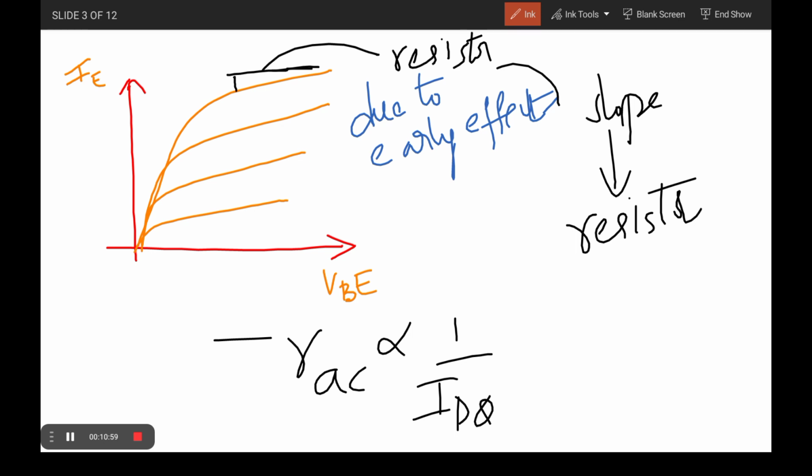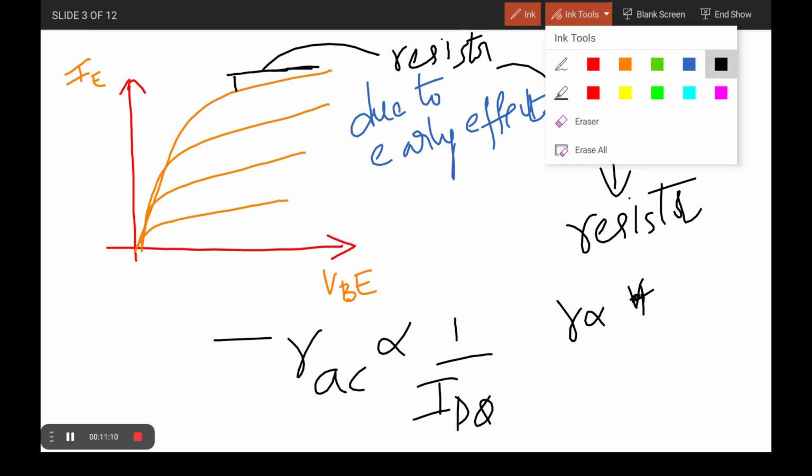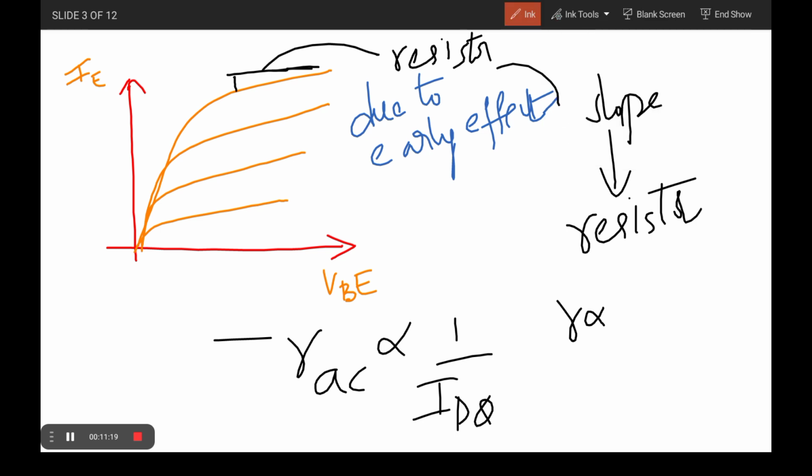At the same time, RE, the emitter resistance, is inversely proportional to IEQ, that is VT by IEQ.